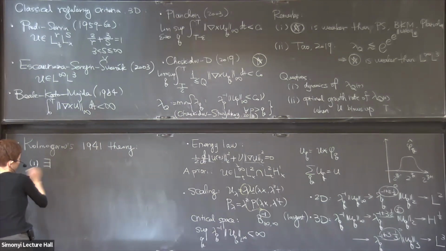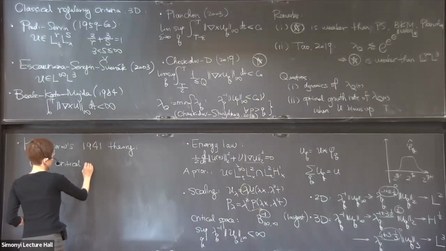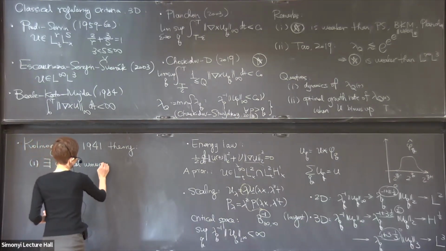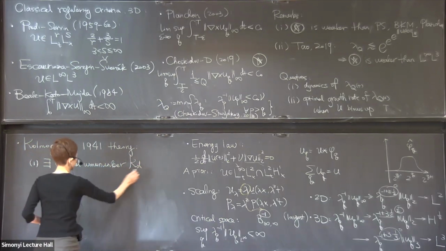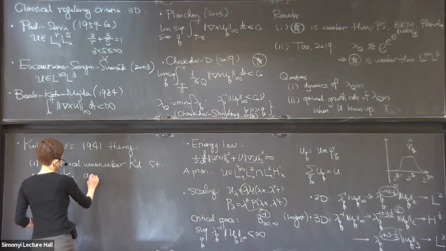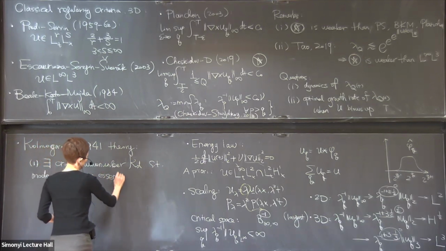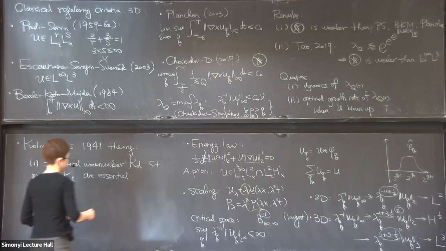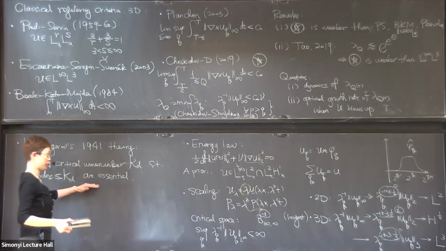First, there exists a critical wave number called kappa d, such that modes below this wave number are essential to describe the flow, and modes higher than that are dominated by dissipation.